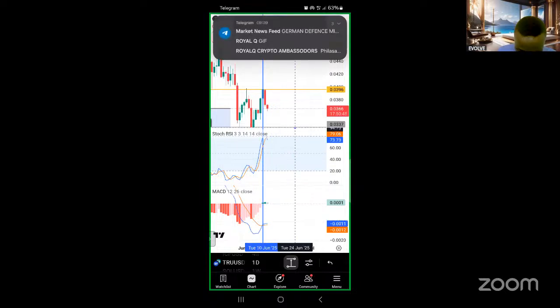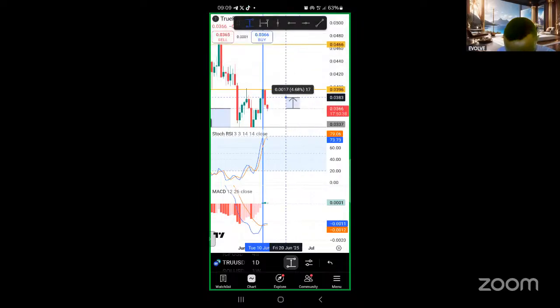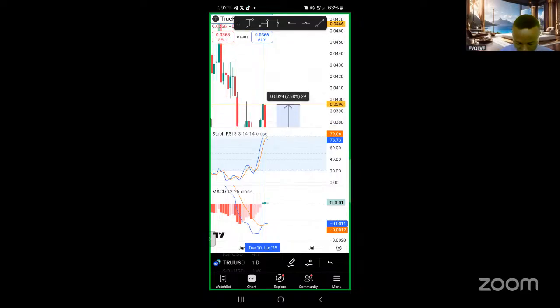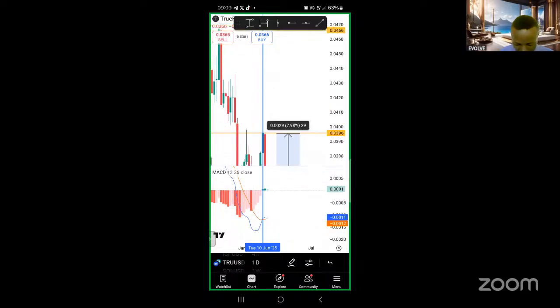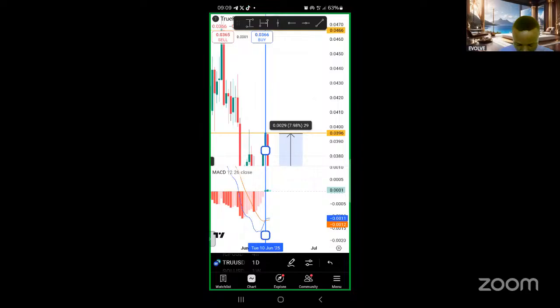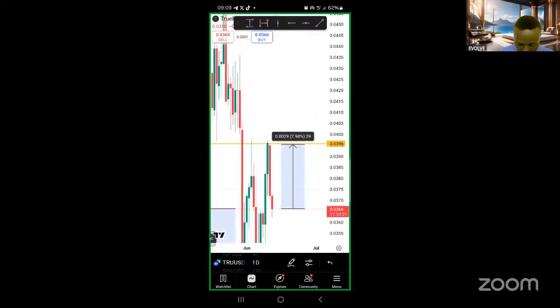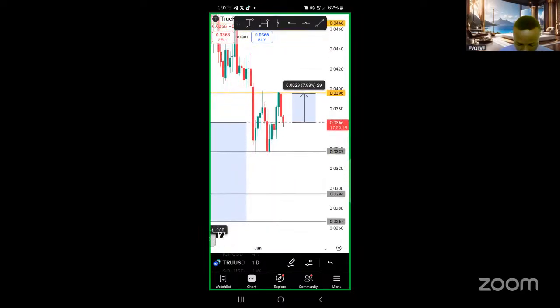Now we are going to measure our profit by putting the line on the current price, the measure tape, current price, upward. That is a 7%. So if you are looking at staying in that trade for some few days, we expect that it can potentially drop.